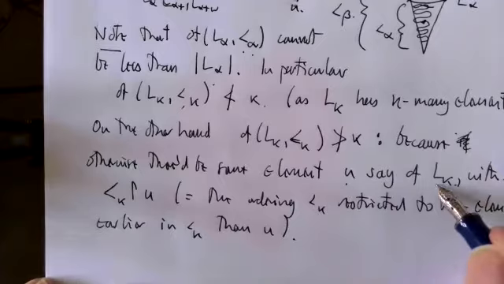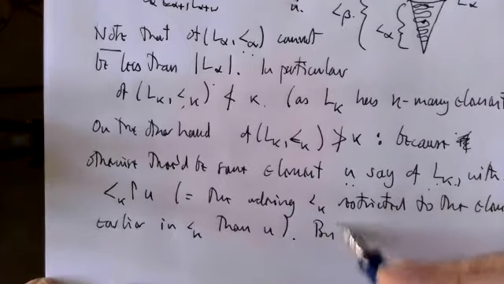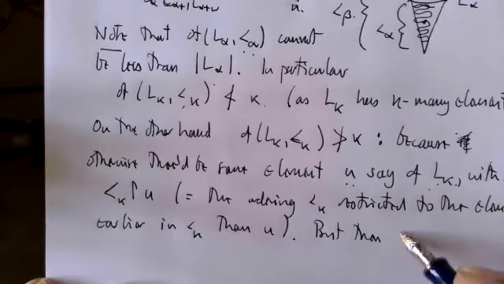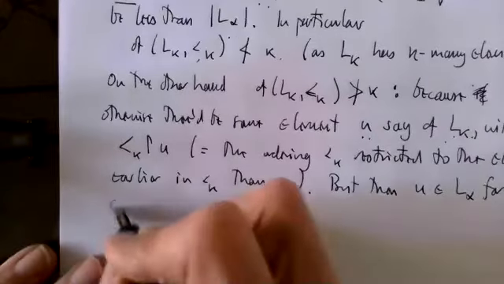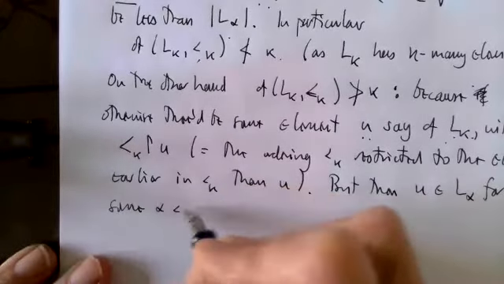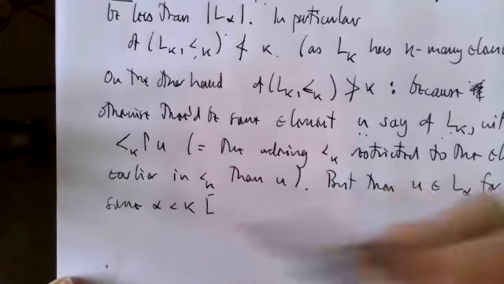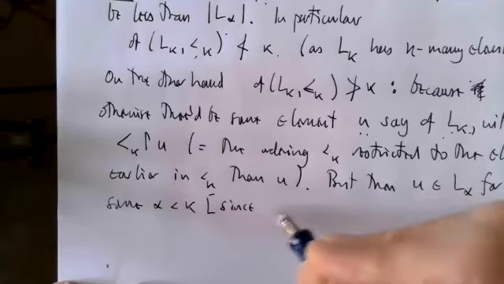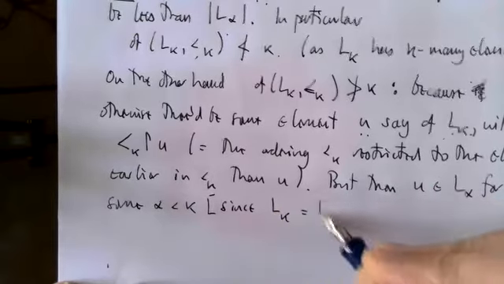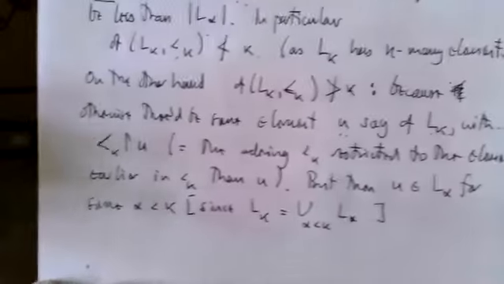But U sits inside L kappa, so it's in one of the L alphas, for some alpha less than kappa. I don't think you have to spell it out, but again we're using L kappa as the union of the earlier things.